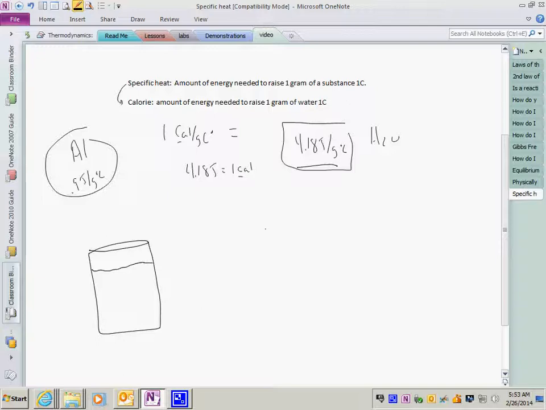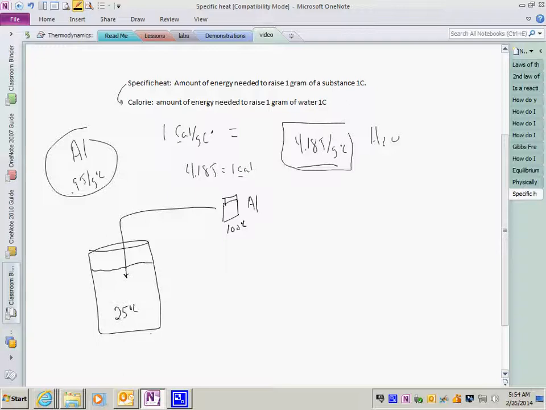Let's say I have a block, and we will do this in class. And let's say this block is 100 degrees Celsius, and let's say this block is aluminum. And I drop this block into some water, and let's say the water is 25 degrees Celsius.